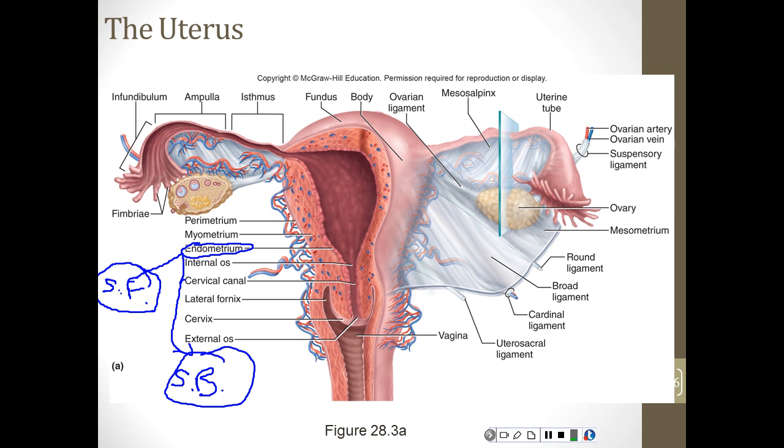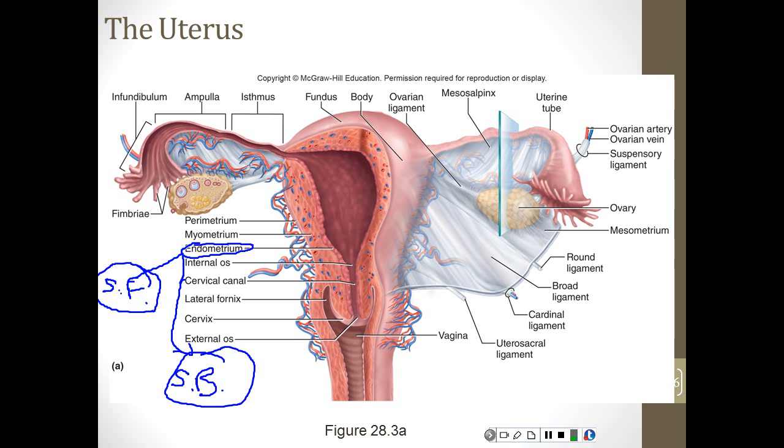Now the cervix, here's our cervix. The cervix and the upper part of the vagina are supported by the cardinal ligaments, which you see here, or the lateral cervical ligaments.